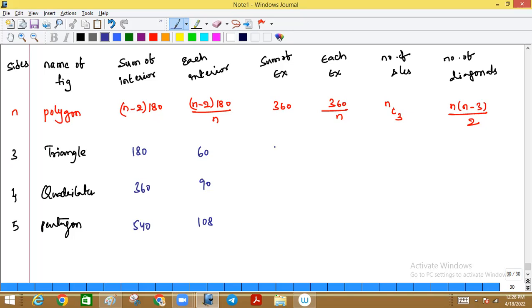Sum of exterior angles is always 360. Each exterior angle: 120, 90, 72. Number of triangles: 1, 4, 10. Sorry, for a triangle, this is one triangle you can form. Number of diagonals: 0, 2, 5.